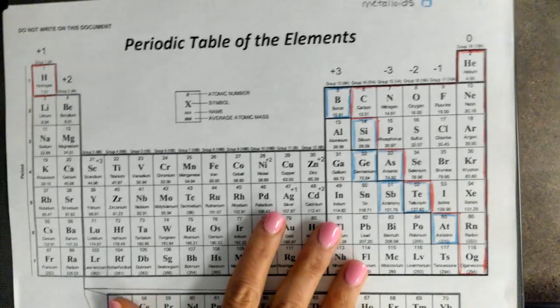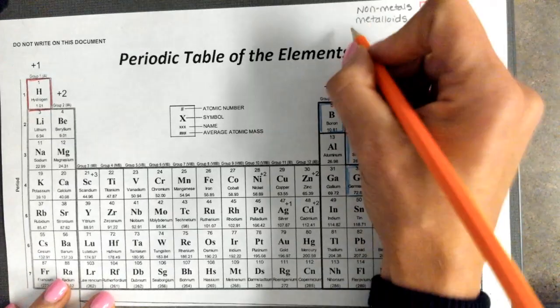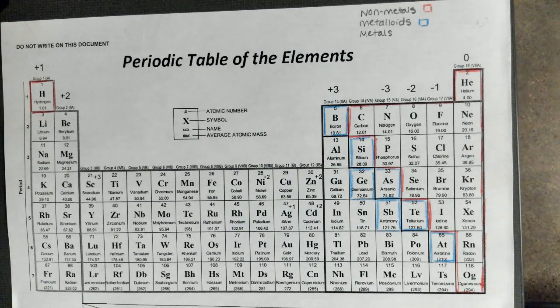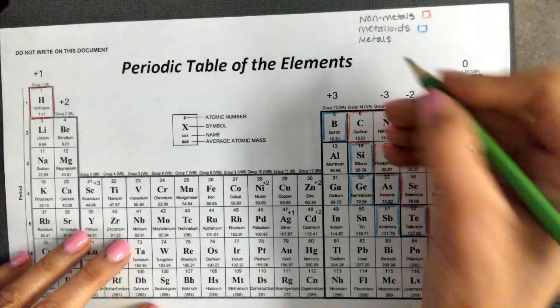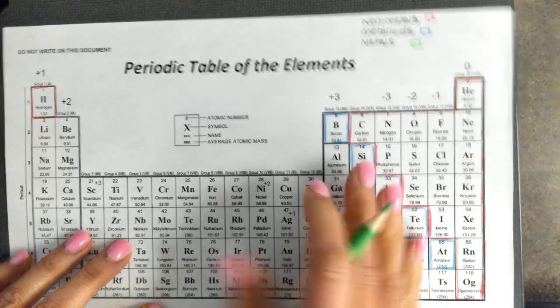Okay, that means that the rest of these elements on here are my metals. So I'm going to go ahead and put that on my key. So I know that everything else that's in green is a metal. Okay.